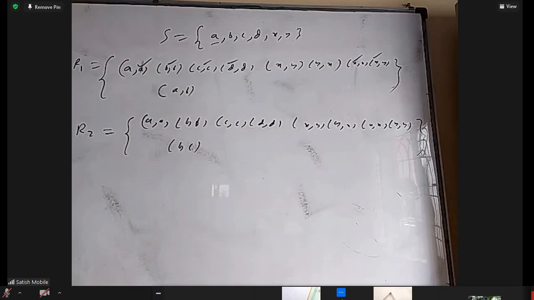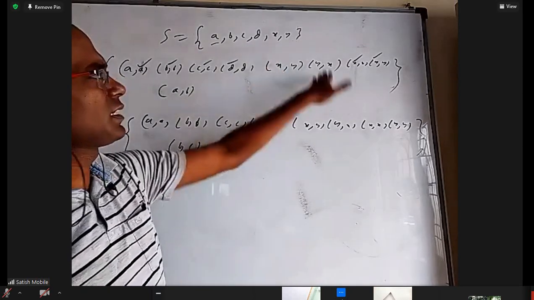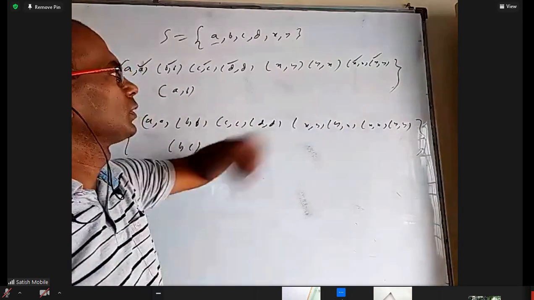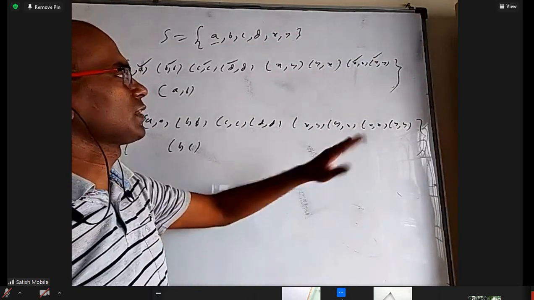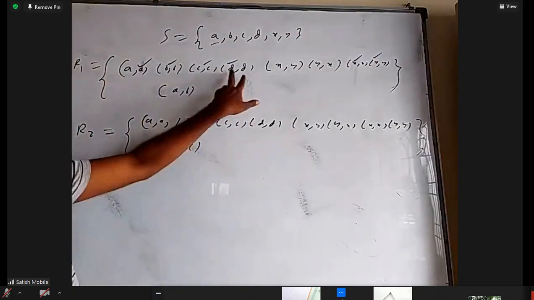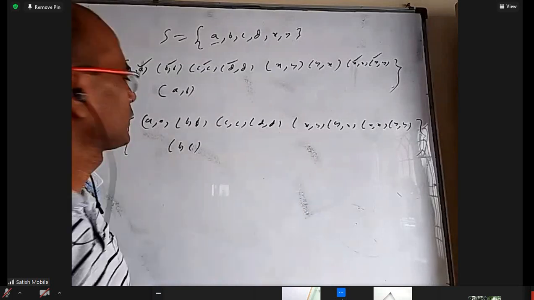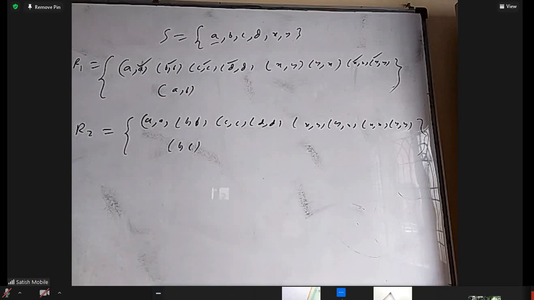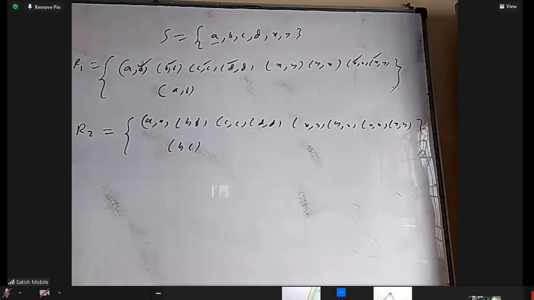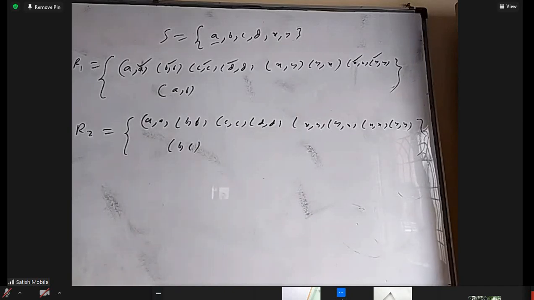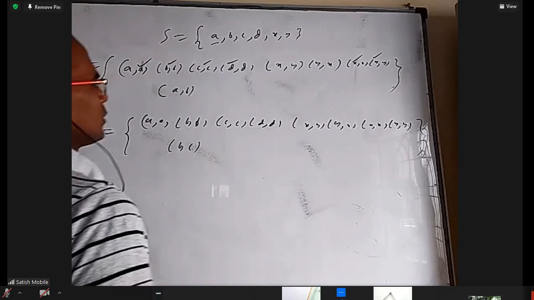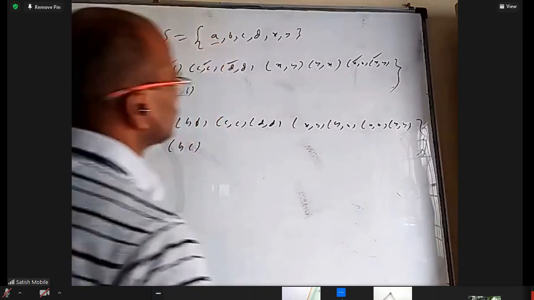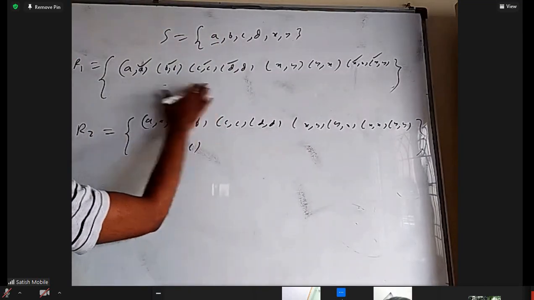Symmetric. Here, if X comma Y is there, definitely Y comma X should be there. Here also X comma Y is there, and Y comma X. So this is also symmetric. And for D comma D, the reverse is D comma D. Fine. But we want it to be an equivalence relation, right?